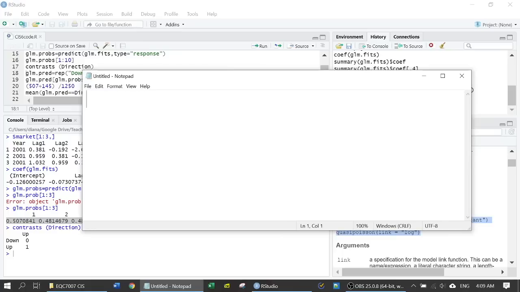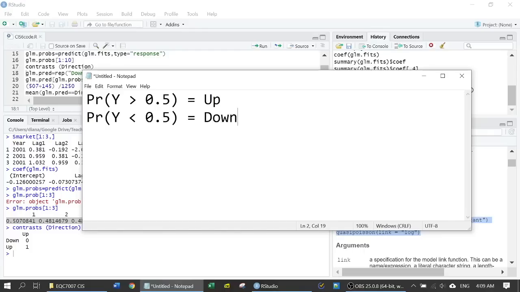If the probability of y is larger than 0.5, or you can put larger or equal to, it doesn't matter, then we're going to classify it as up. If the probability of y is less than 0.5, then we're going to classify it as down.